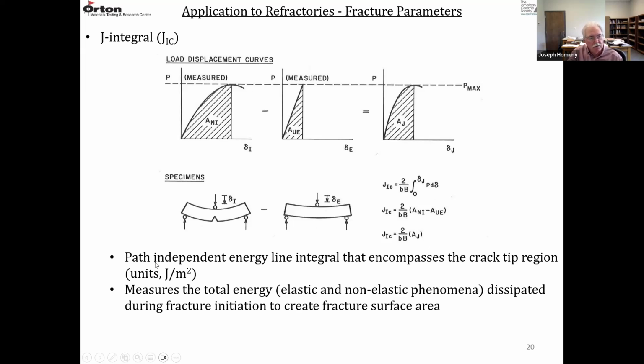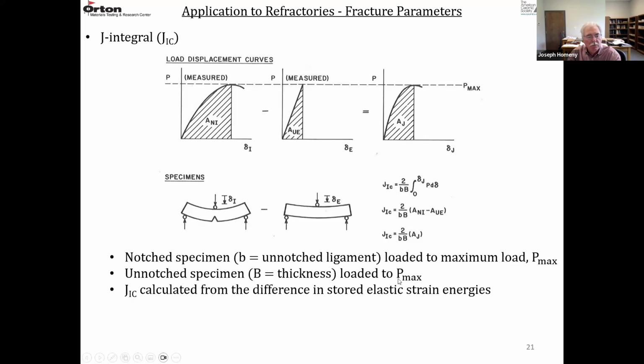It has the same units as G1C, joules per meter squared, but it measures the total energy, elastic and non-elastic, during fracture initiation and growth of the crack surface area. So you can separate out the elastic and the inelastic portions using this approach. In this equation here, small b is the unnotched ligament in this sample.